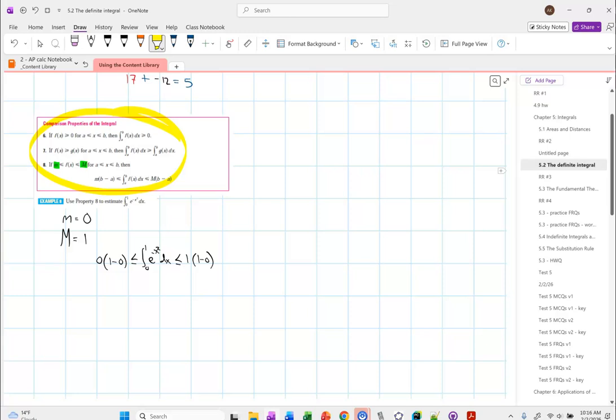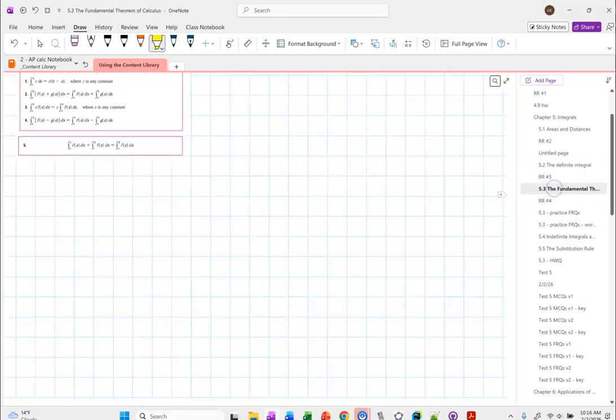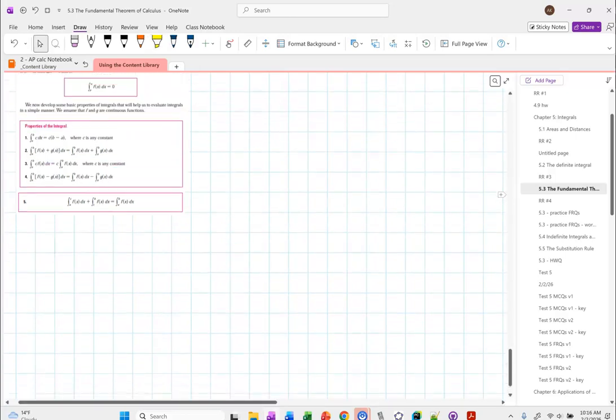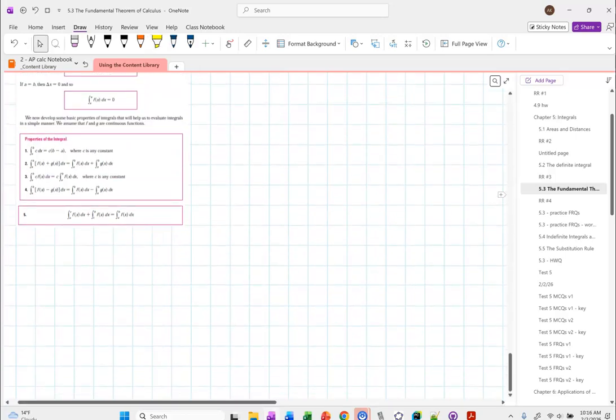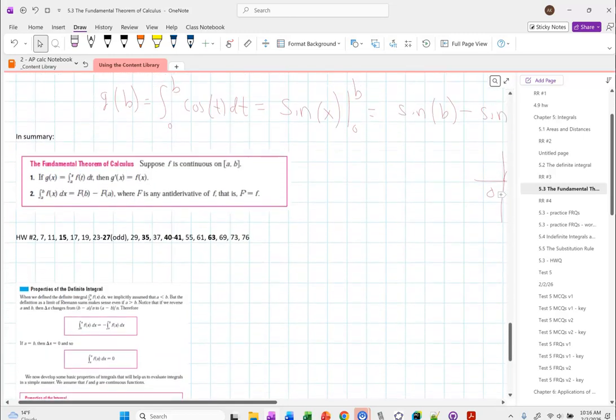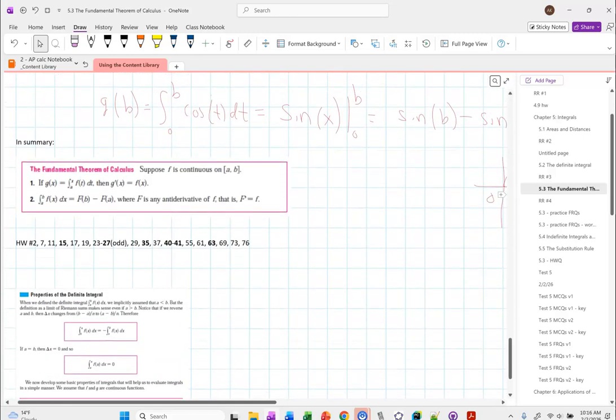Except we have x greater than 0. What do I do with this? What do I do with that? What do I do with this? Let's look at it one more time.